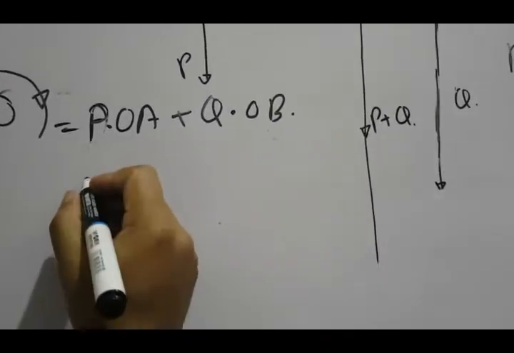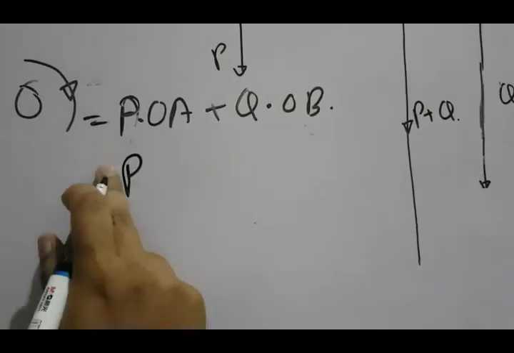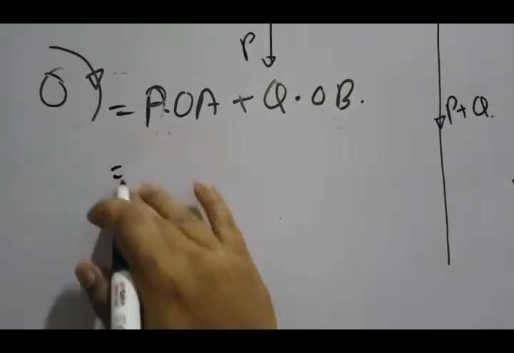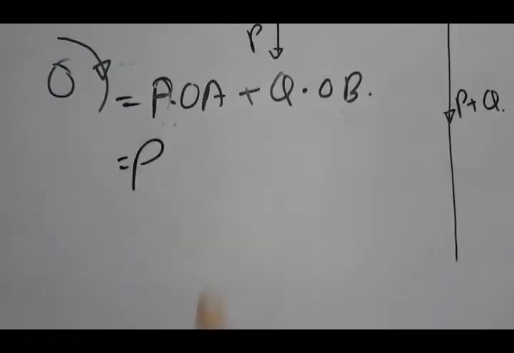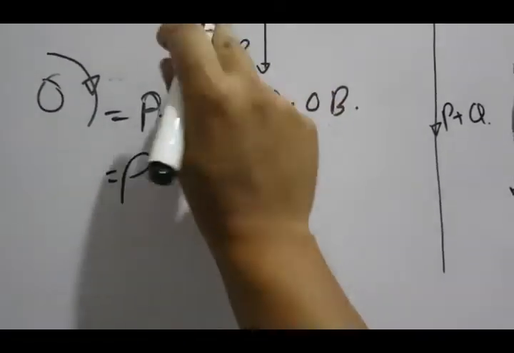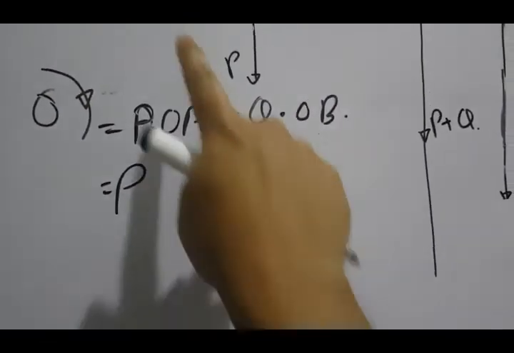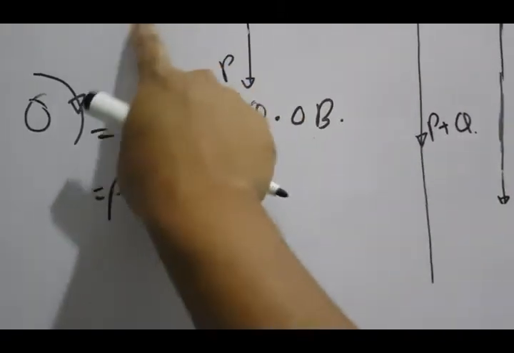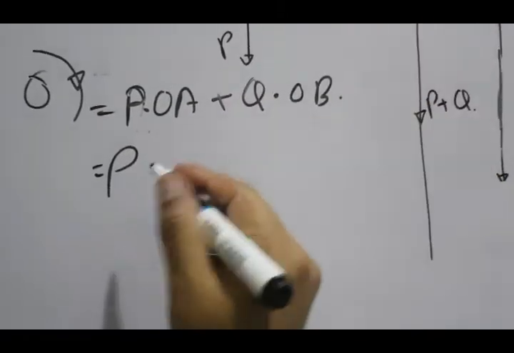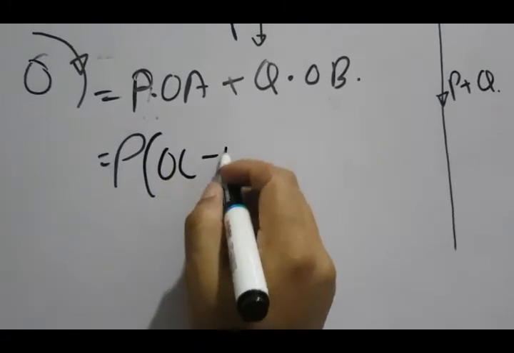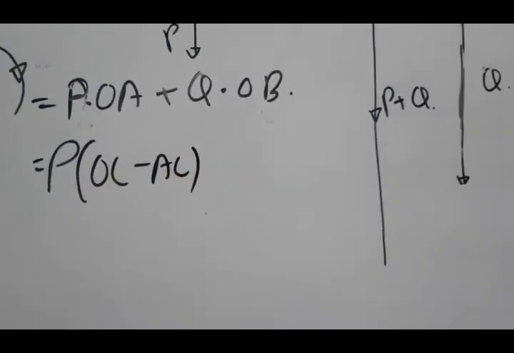So let me change this. P into OA, let me take OA. OA can be written as OC minus AC. So it's the same thing. I'm not changing anything.